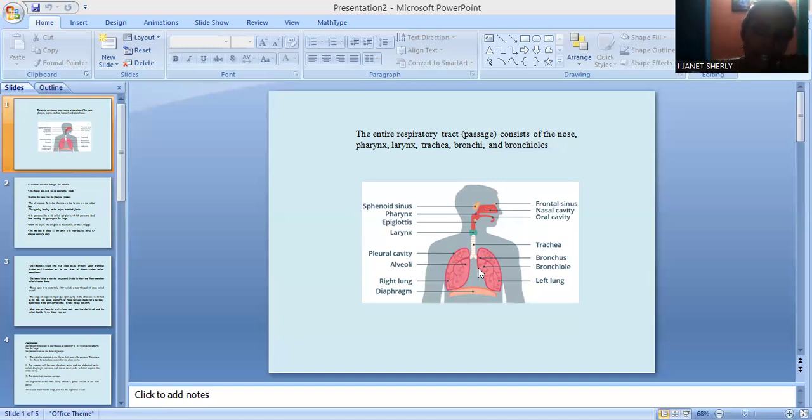Actually, at first we have alveolar ducts, and those get divided into thin, finer grape-shaped air sacs. We call those alveoli.